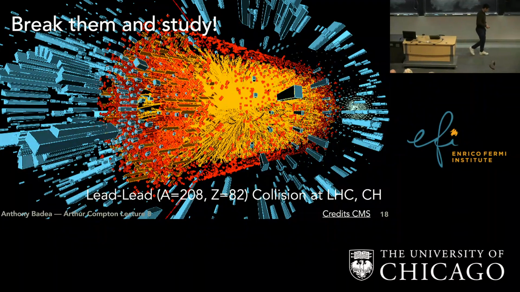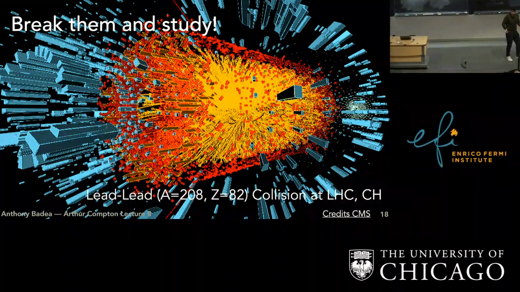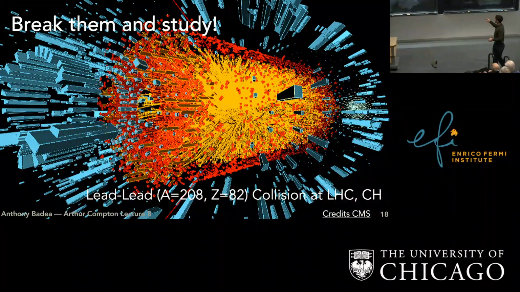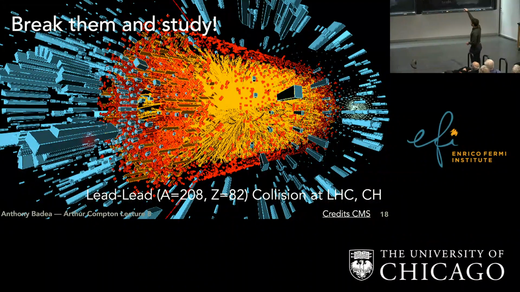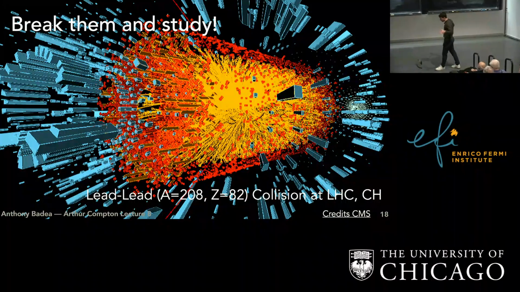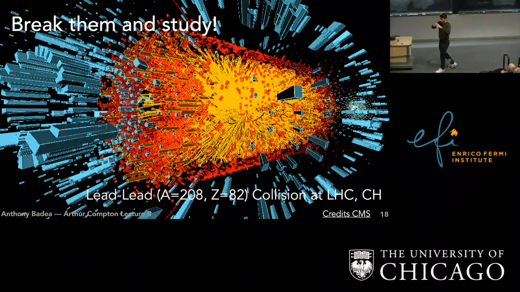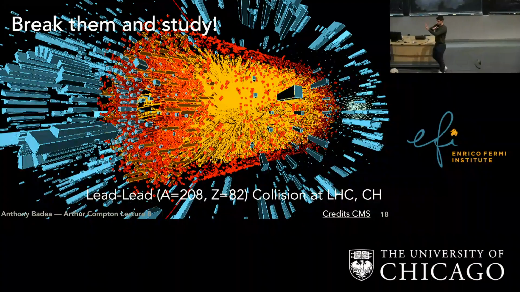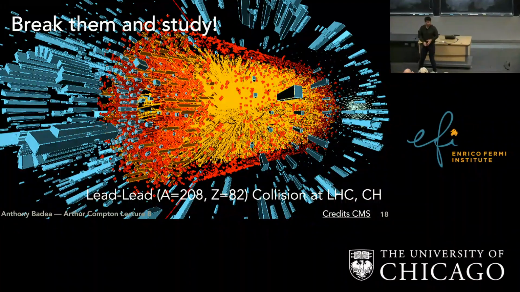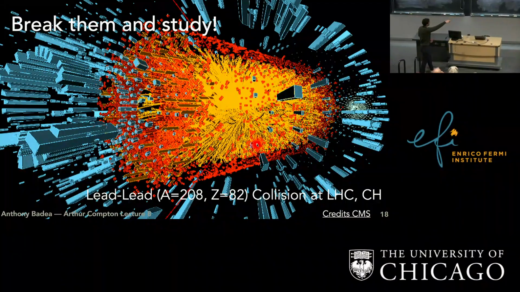And so in the first direction, what people are already doing is smashing together nuclei. This is a picture at the LHC where two lead nuclei, so instead of one proton, you basically have 208 protons in a ball, both balls smashed into each other at the highest energies possible, and then you get an explosion like this.